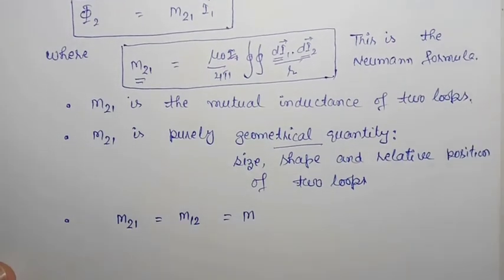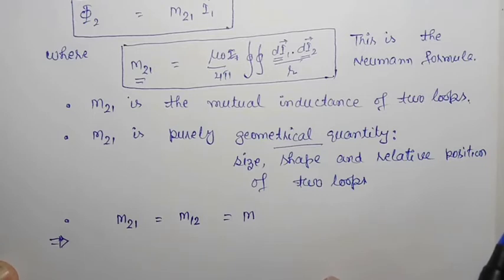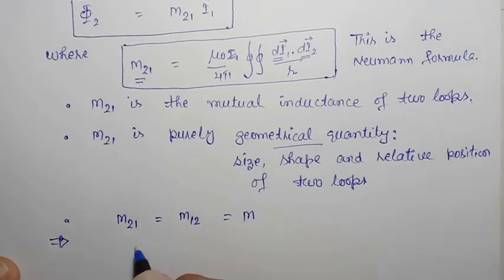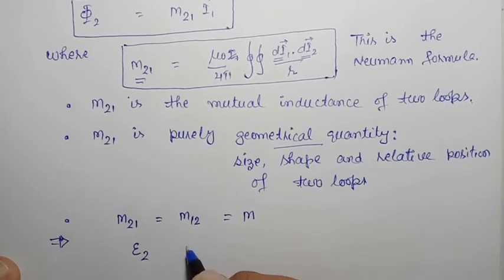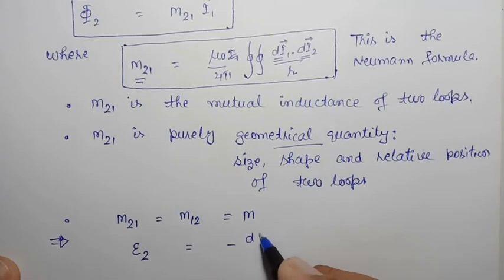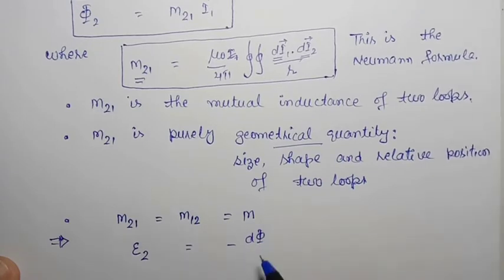Further, now suppose we vary the current in loop 1, then definitely there is a change in flux in loop 2, and as per Faraday's law, the induced EMF is equal to the rate of change of flux with respect to time.